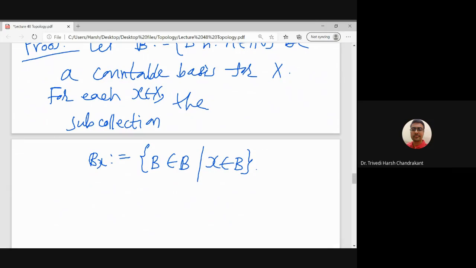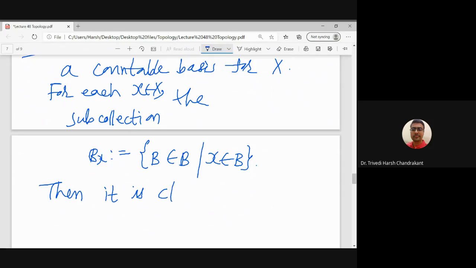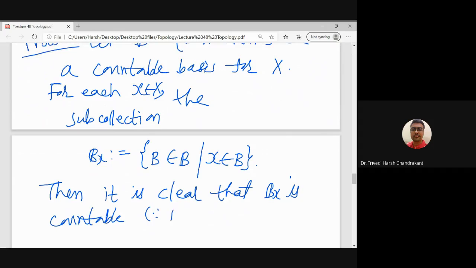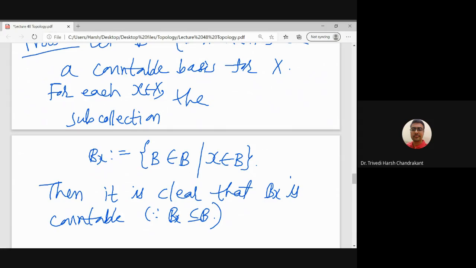Then it is clear that Bx is countable, because Bx is a subset of B. We are not taking all the elements of B, but only the elements of B which contain x.